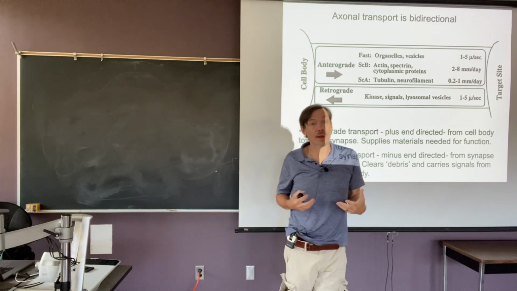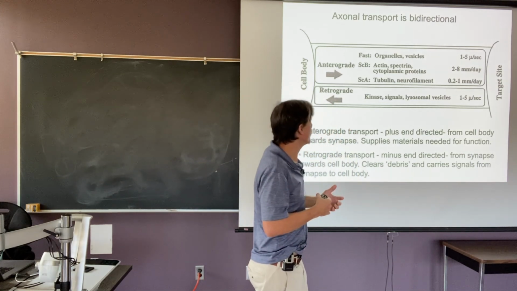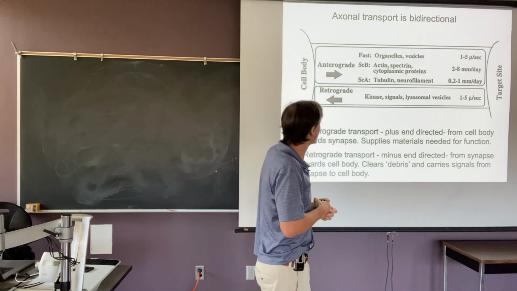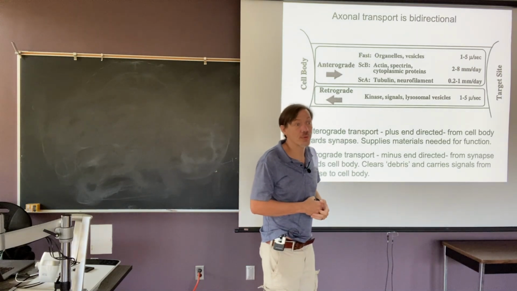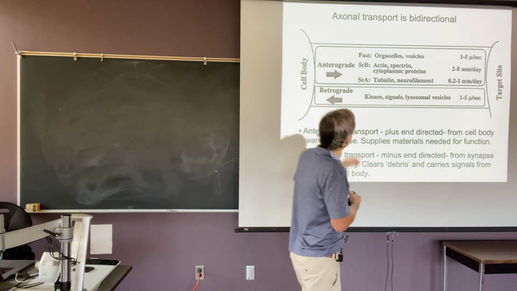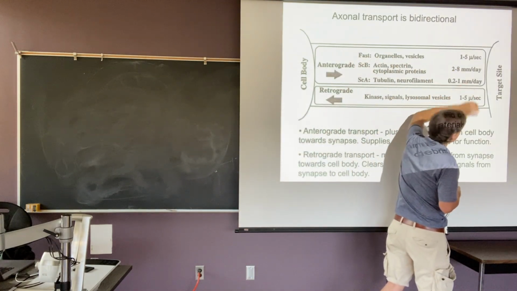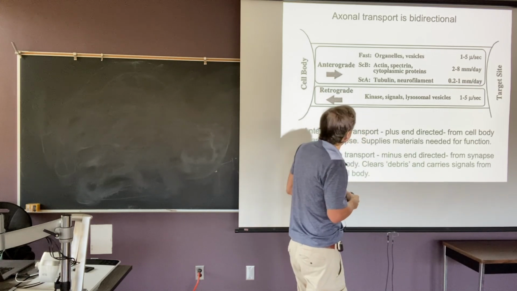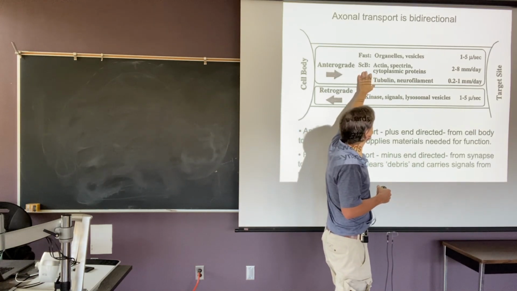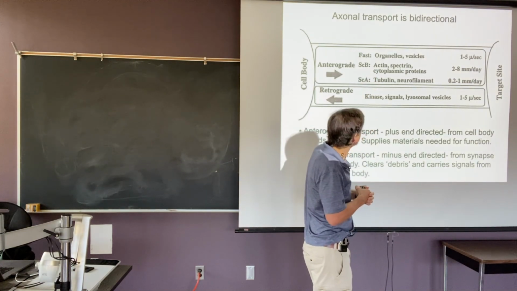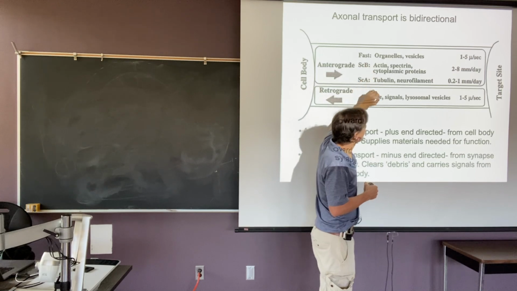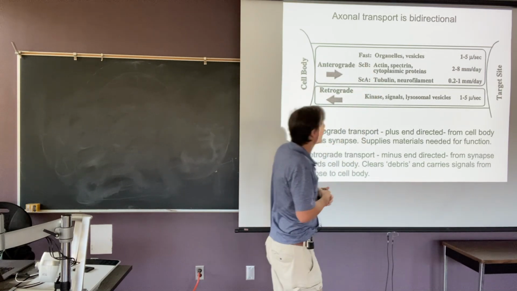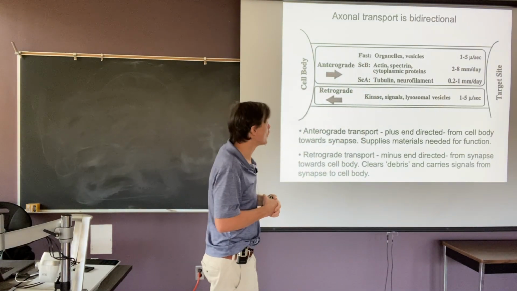So for example, mitochondria in particular, but also precursors for synaptic vesicles and whatnot. So these move out at a very fast rate. In addition, there's these cytosolic proteins we've talked about, actin and tubulin. These are transported at a much slower rate.